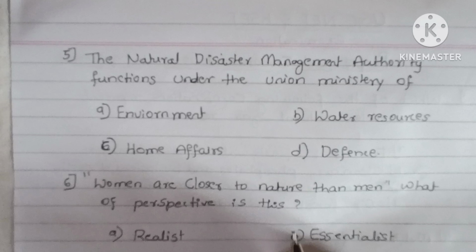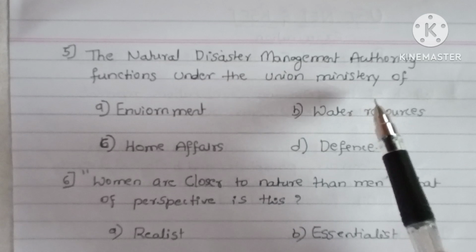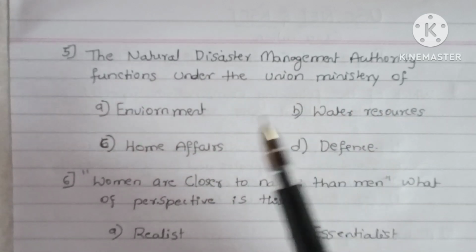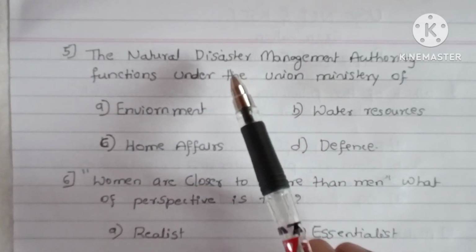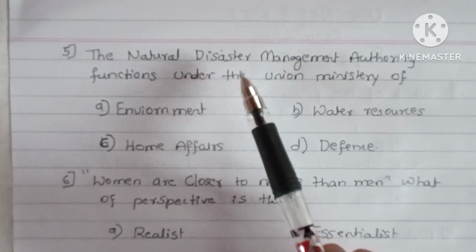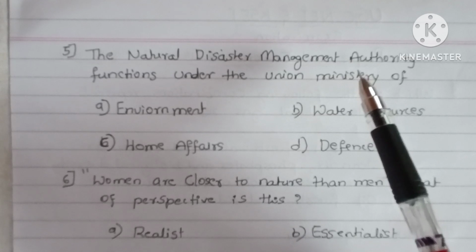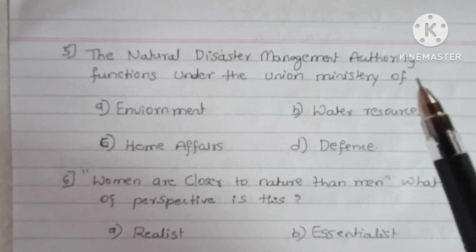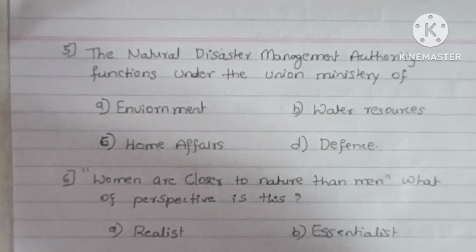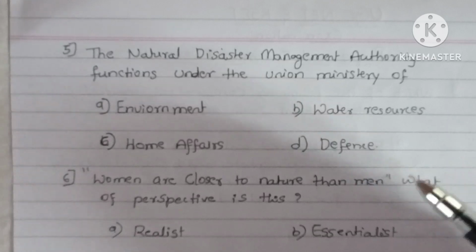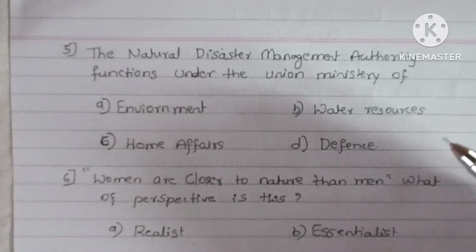The National Disaster Management Authority functions under the Union Ministry of Environment, Water Resources, Home Affairs, or Defense. The National Disaster Management Authority is an apex body of the Indian government to lay down the policies related to disaster management, which functions under the Union Ministry of Home Affairs.